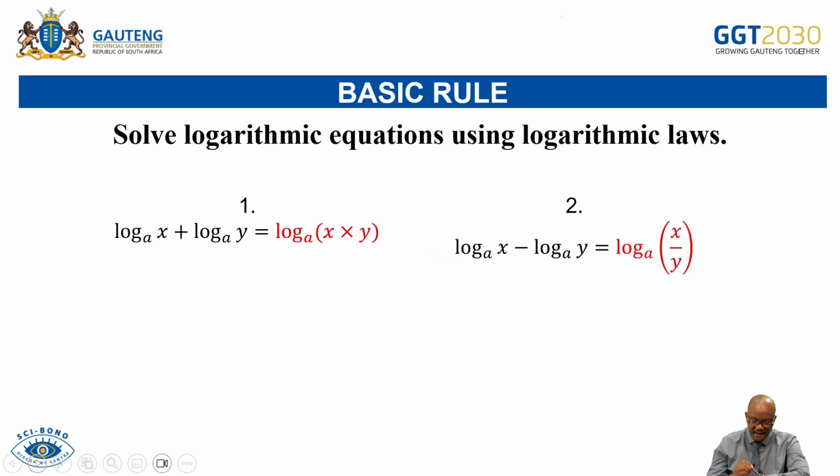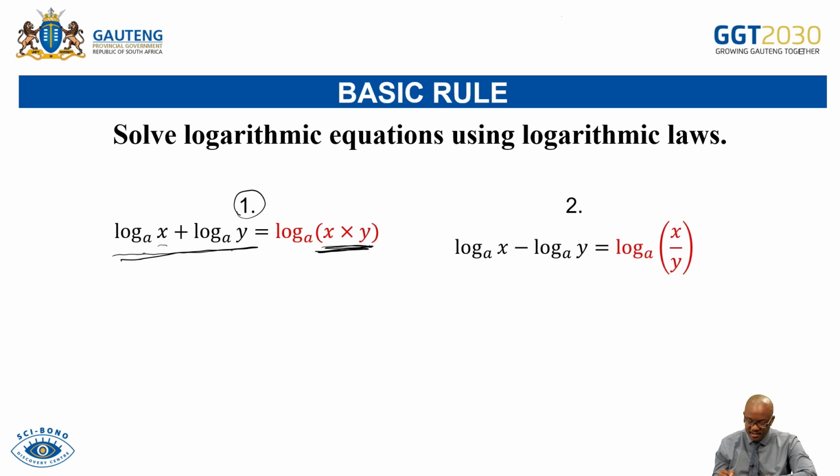Now we go to the third one, where it says solve logarithmic equations using logarithmic laws. Remember from the basic ones, where we're dealing with the product law, if you add two logarithms that have the same base, you can combine them into one by multiplying the numbers of the logs.